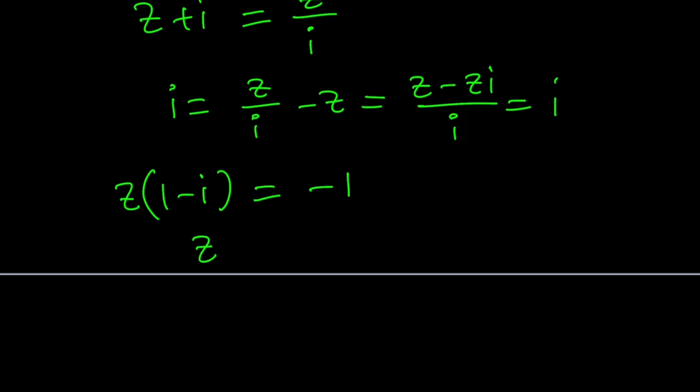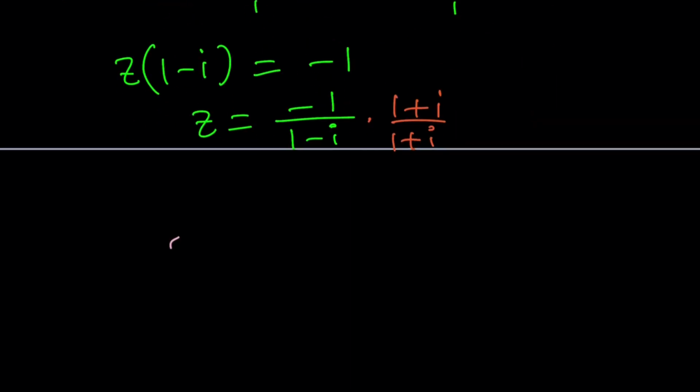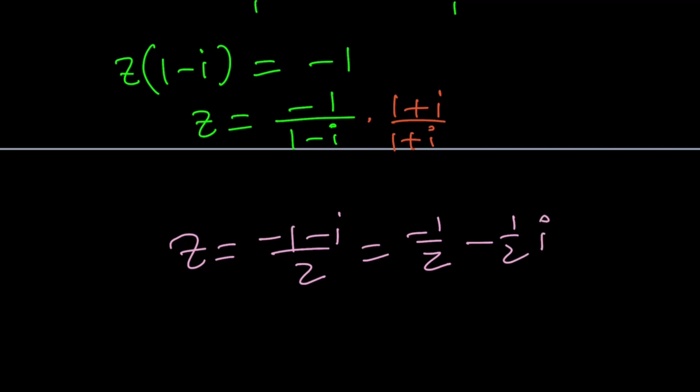And then from here, z is going to be negative 1 over 1 minus i. And then we can do the same conjugate thingy, and we would be getting the exact same answer as before, because 2 is going to be at the bottom, and the numerator is just going to be the same. Negative 1 minus i divided by 2, or negative 1/2 minus 1/2 of i.